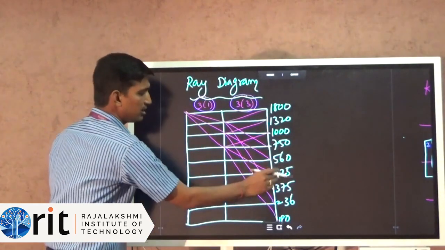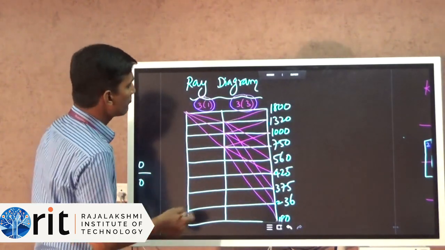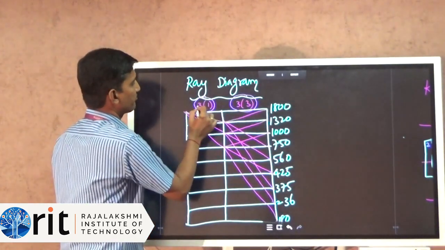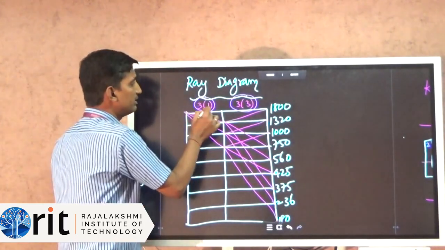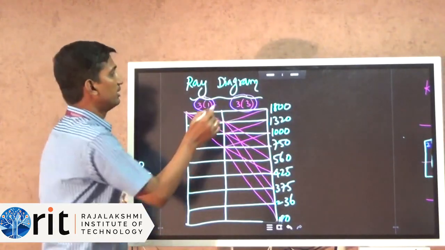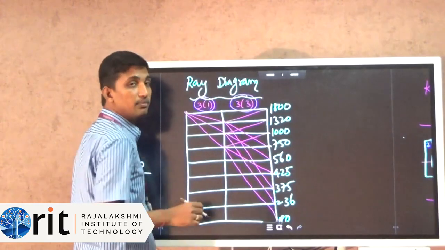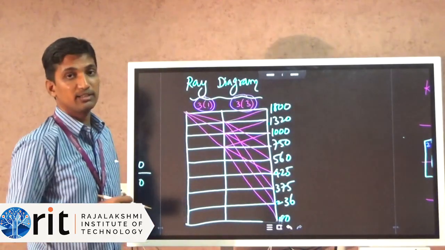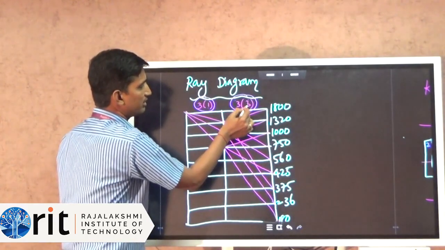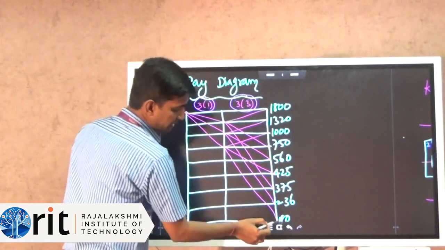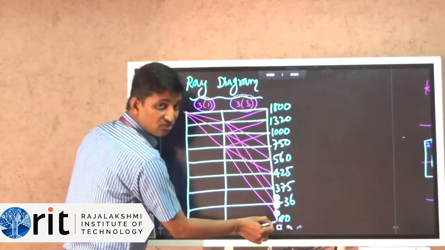After finishing the making of this ladder diagram, this 3 denotes the stage, and this 3 denotes the speed. Now this is the first speed.